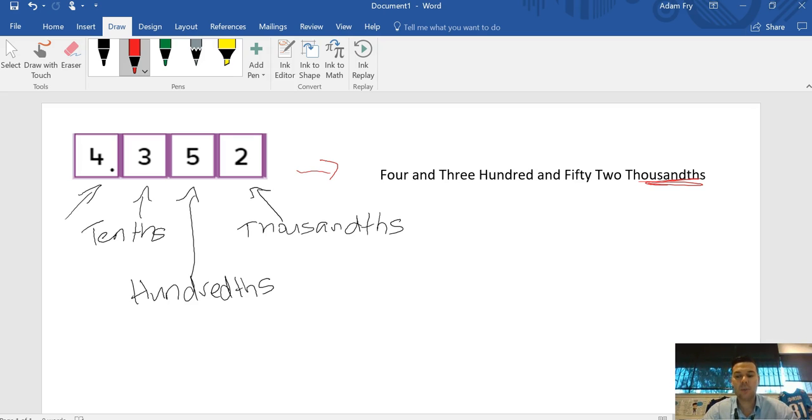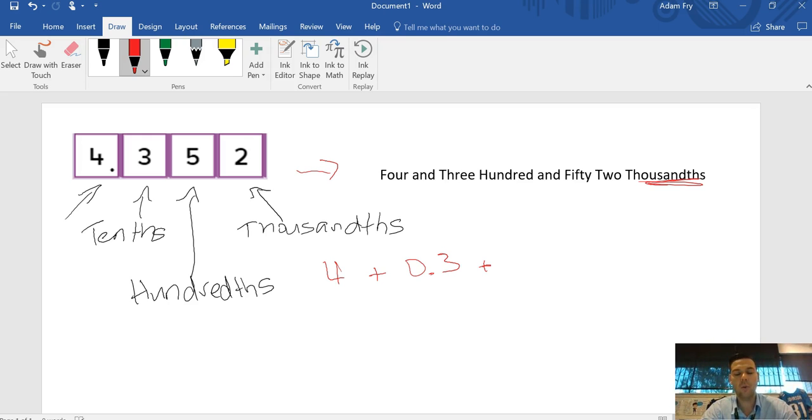Now, if we were to expand this number to work out how much value each number has, this is how we do it. We've got 4 wholes, so we've got 4 plus. Now, this 3 is in the tenths column, so that would look like, as a decimal, 0.3.